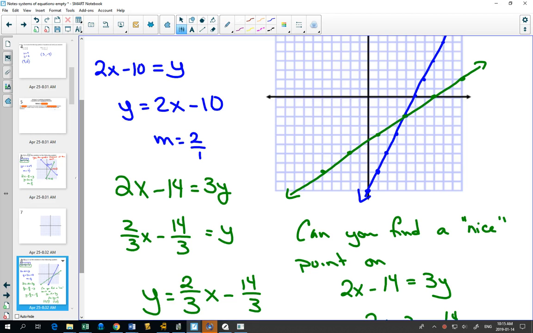Does it look like there's a point where they intersect? What is the coordinates of this point on our graph? 4, negative 2. So now I want you to verify, does that point work for both equations? When x is 4, y is negative 2.